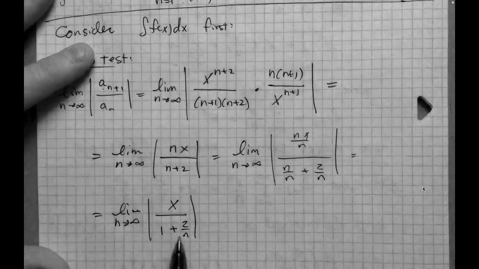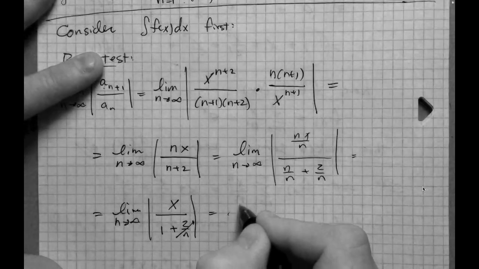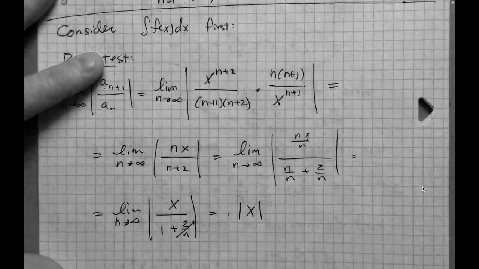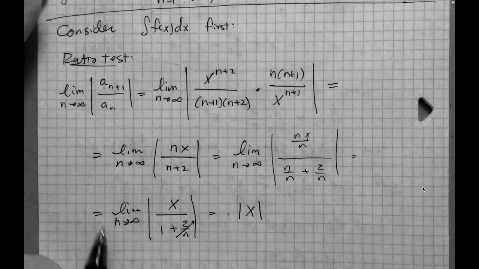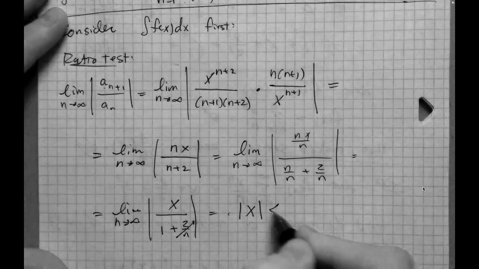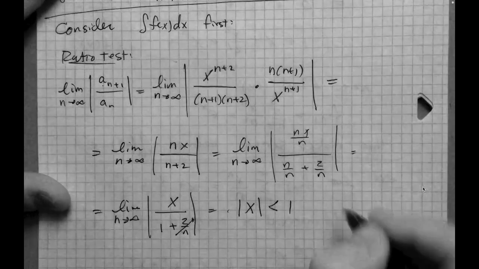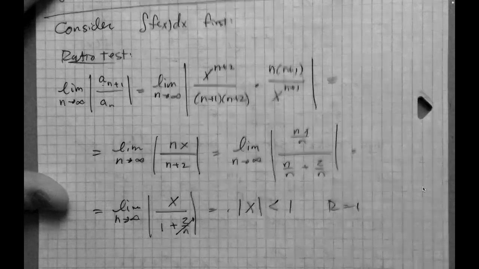So when n gets really large, this goes to 0, and this is basically equal to the absolute value of x. And in order for the series to converge, this has to be less than 1. So here we can see that R is equal to 1.